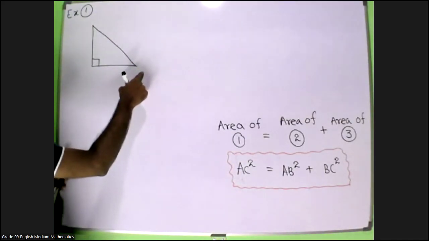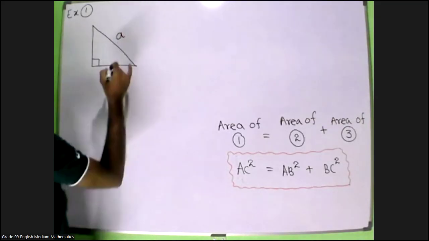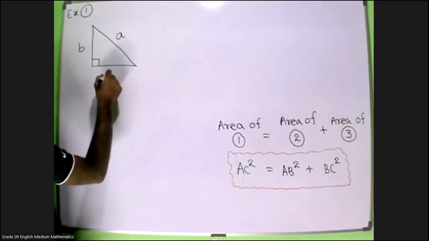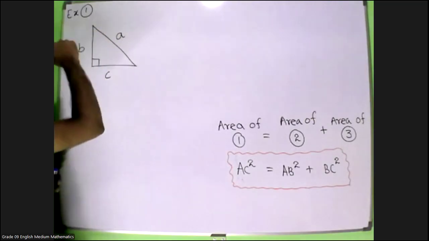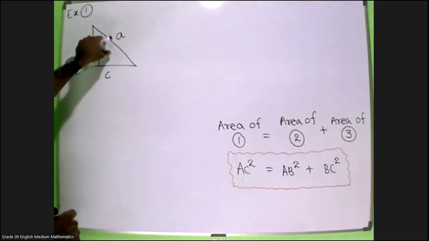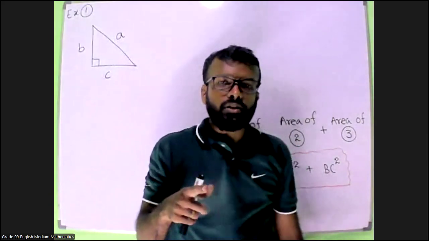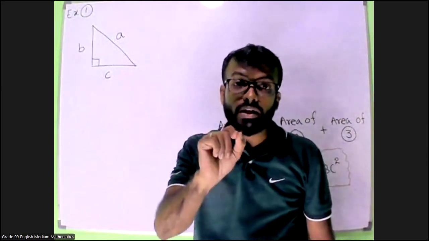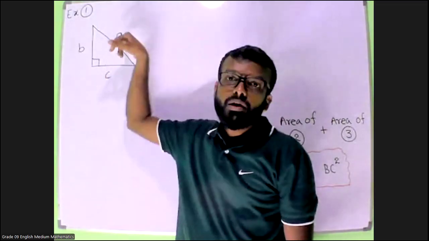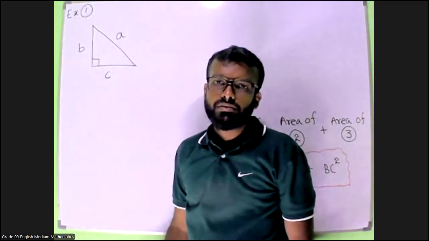I will say the length of the hypotenuse is A, simple A. The other two sides I will say B and C. So these are the lengths A, B, C. In your exam paper, they will ask, write down the Pythagorean relationship for this right angle triangle.